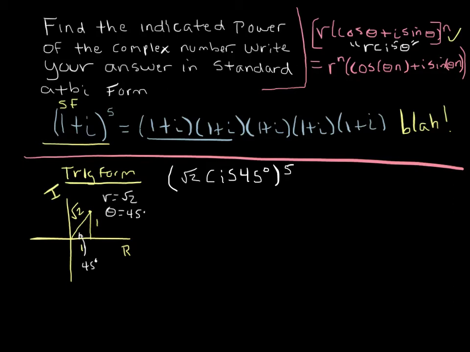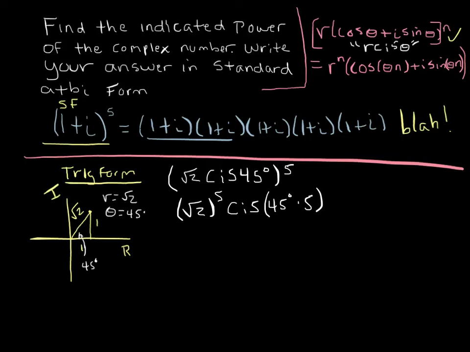And now this is easy, because raising this to the 5th power by Demoivre's theorem means I raise root 2 to the 5th power, and then I multiply 45 degrees times 5. Let's take care of root 2 to the 5th.